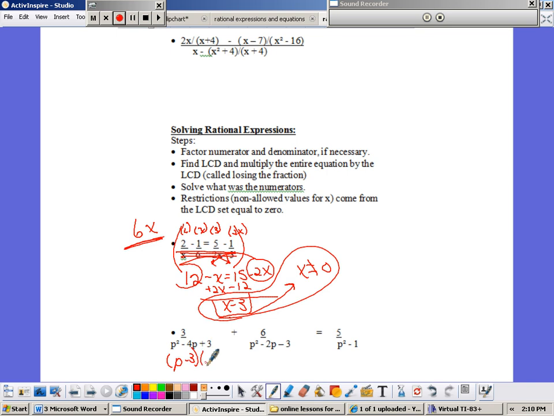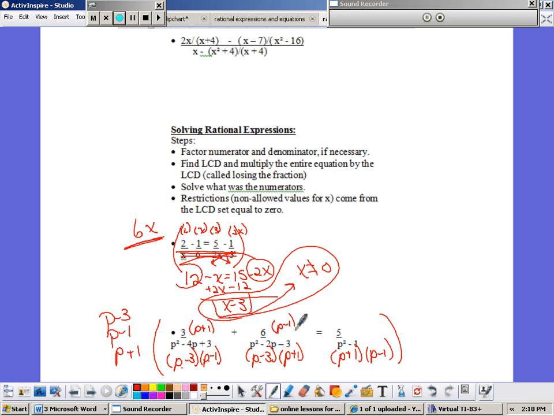P minus 3, P minus 1, P minus 3, P plus 1, P plus 1, P minus 1. Common denominator. 2 of them have a P minus 3, 2 have a P minus 1, and 2 have a P plus 1. Nothing else left. So this one had the minus and the minus, so this gets the plus. This had the minus 3 and the plus 1, so it has a minus 1 that it picks up.